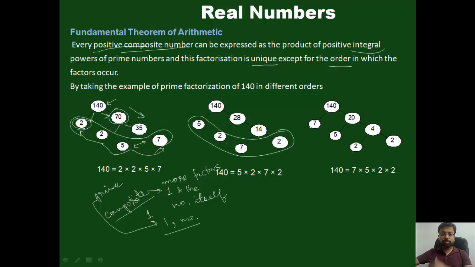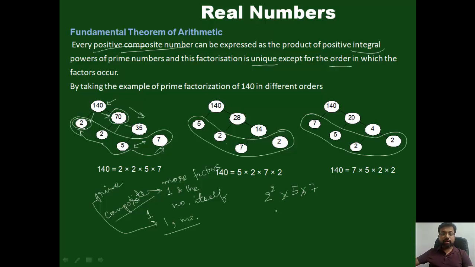Again, 140 can also be split as 7 into 20, and then you go on to the other subchild nodes, and in that case you can write 140 as 7 into 5 into 2 into 2. In all these cases, what you see is 140 has 2, 5 and 7 as factors, and these are multiplied together.